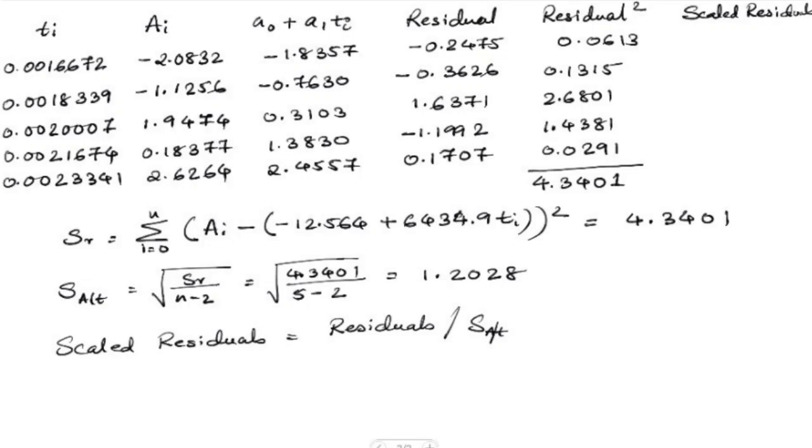So this will give us the value minus 0.2058, minus 0.3015, 1.3611, minus 0.9970, then we have 1.1419.